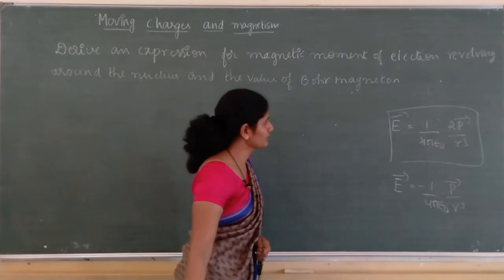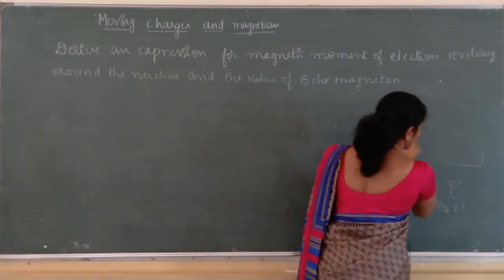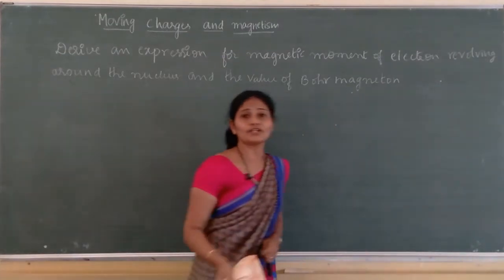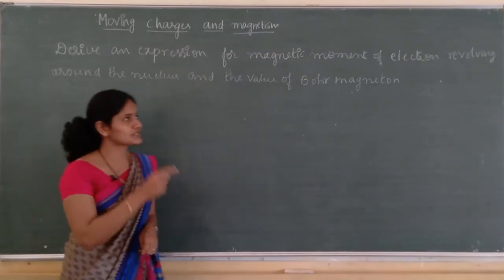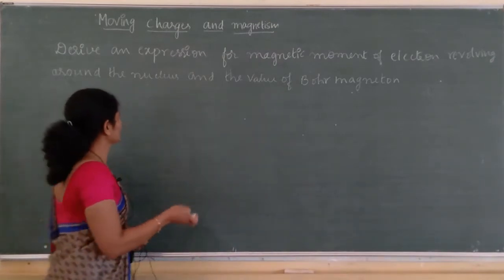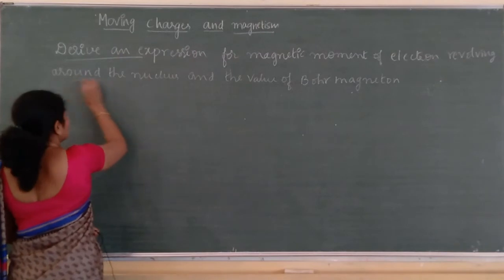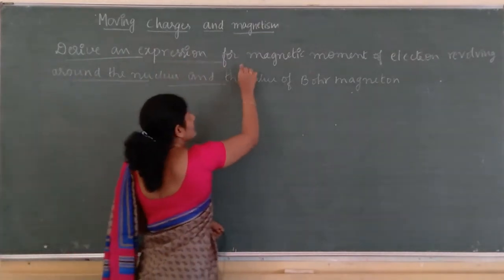Let us derive the expression for magnetic moment of electron which is revolving around the nucleus, and also find out the value of Bohr magneton.